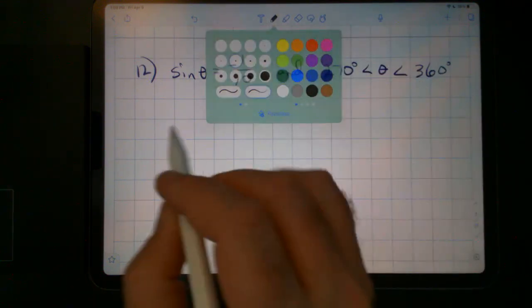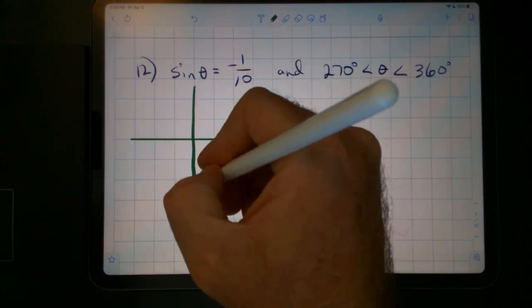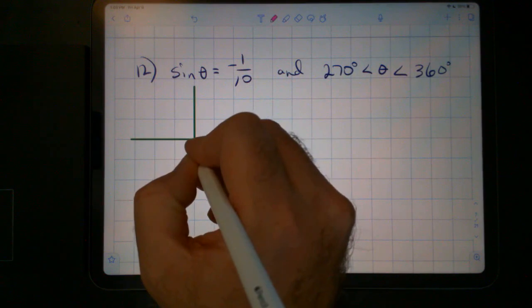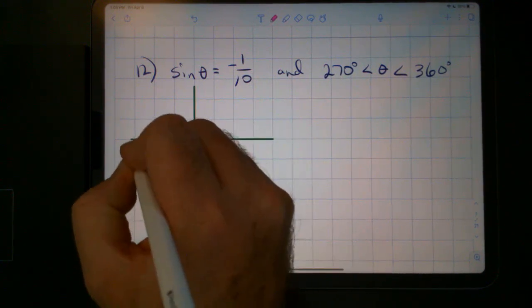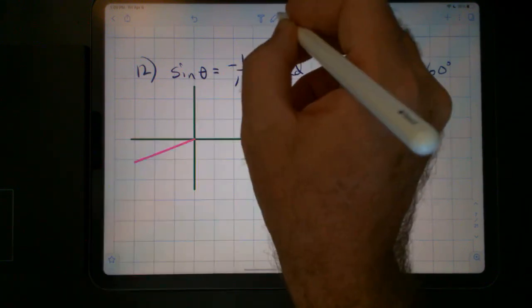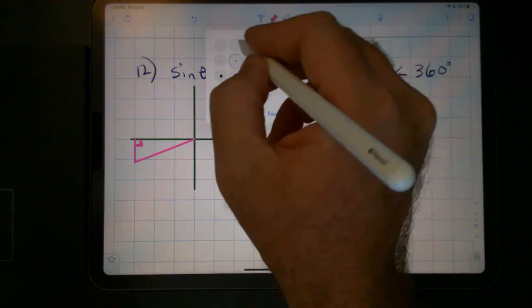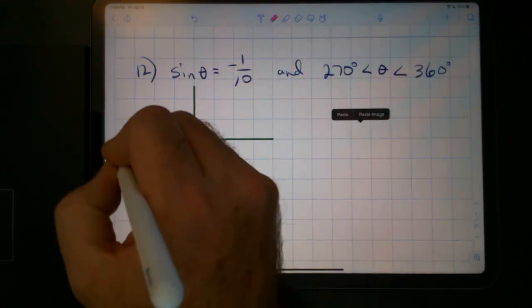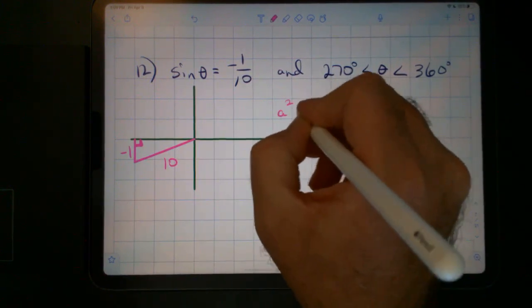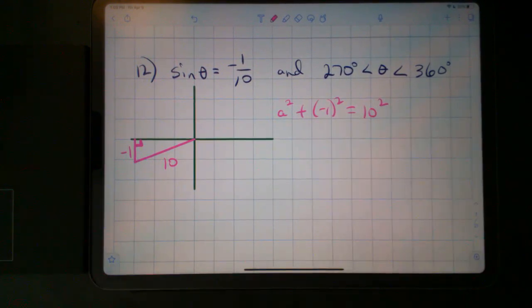So if you draw a sketch, we have negative 1, we have positive 10, then we have a squared plus negative 1 squared equals 10 squared.